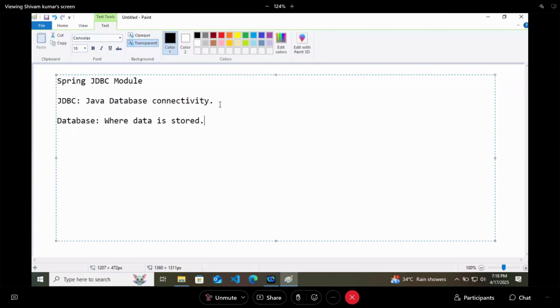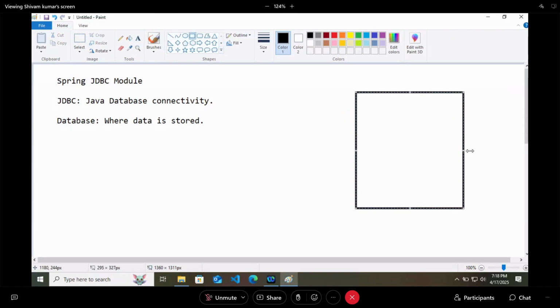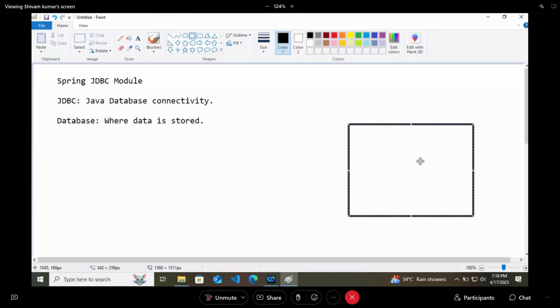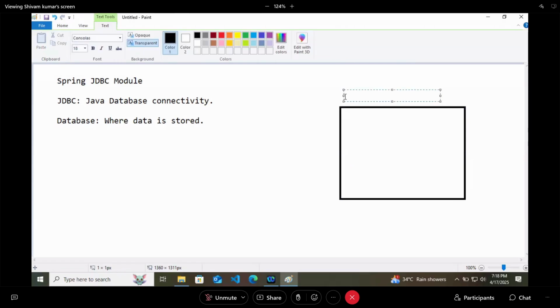Now let's understand one particular situation. This is Instagram.com, or any social media application.